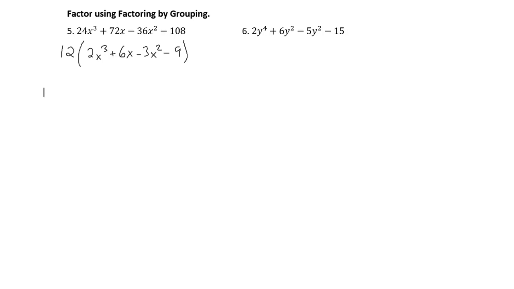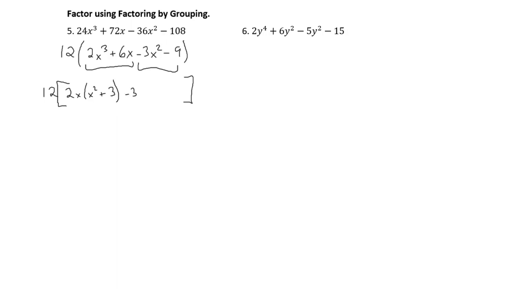And so now when I do our factoring by grouping, I'm going to look here and I'm going to look here. I'm going to keep that 12 just out in front and do it just like I did on previous slides. So factor out a 2x and you're left with x squared plus 3.